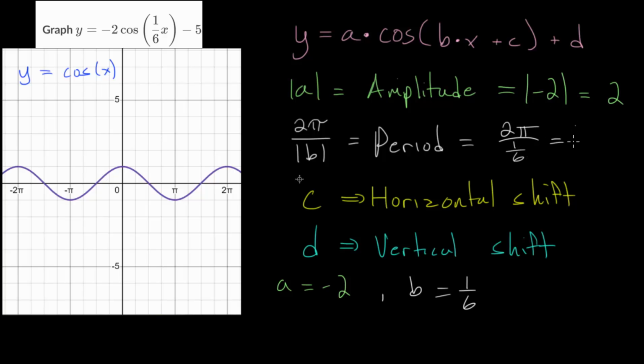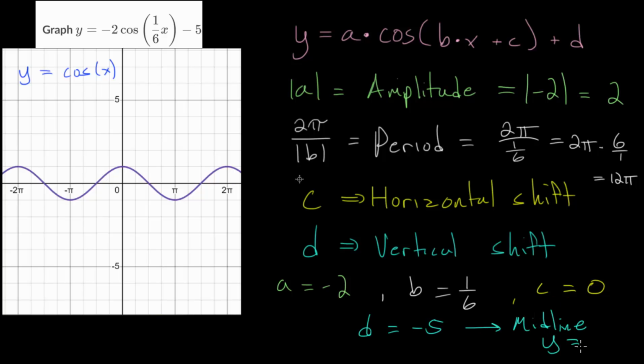And we're dividing by a fraction, so that's the same as multiplying by that fraction flipped over, and we get a period of 12 pi. And then we look at our horizontal shift, and since we're not adding to our input, that is 0. And lastly, we have our vertical shift, d, which is -5, which tells us that the midline, or the new equation for our midline, is simply y is equal to -5.